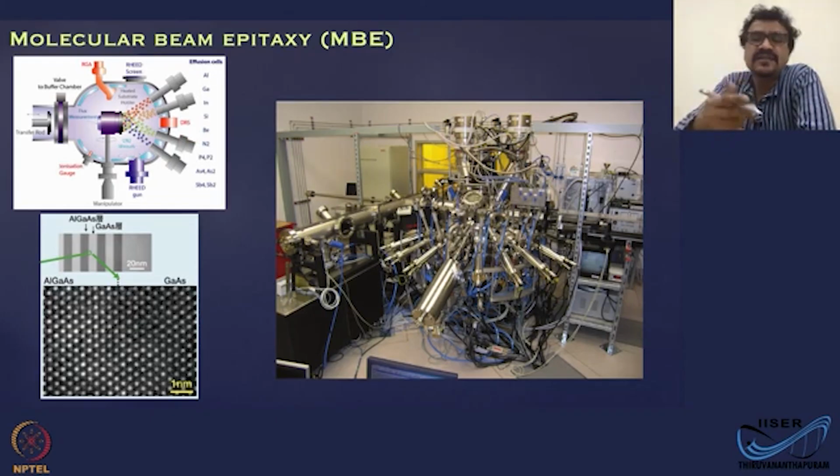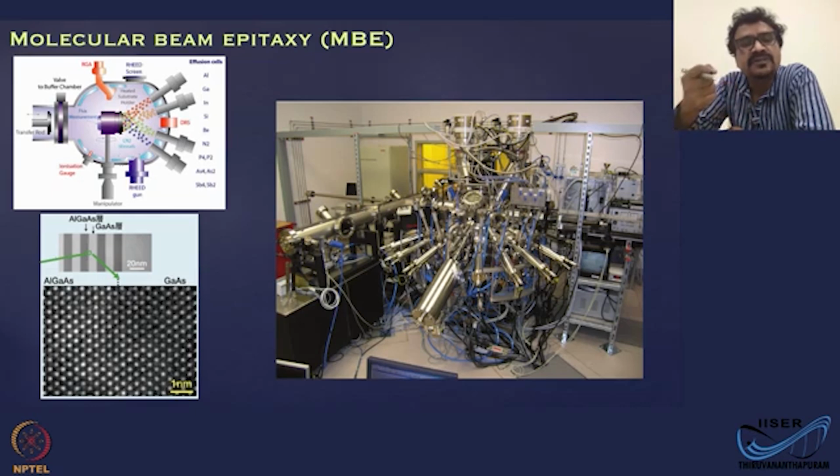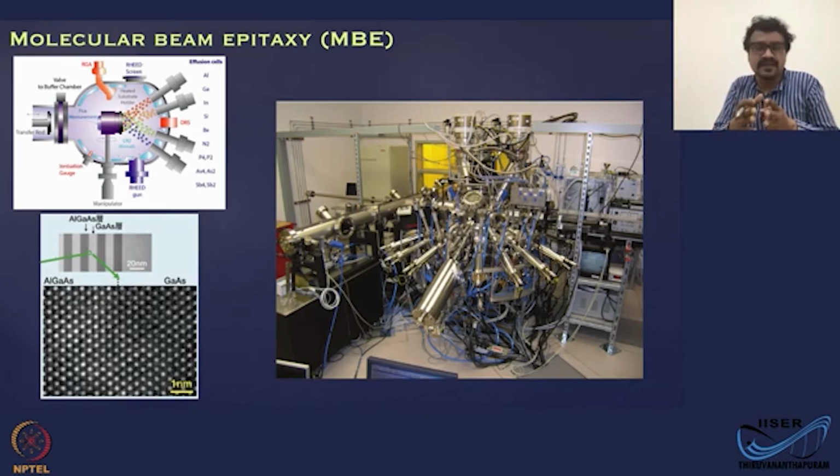You can think of these as containers where the material that you want to deposit or grow is kept inside. You heat it, and you pass the vapors of this to a certain substrate where you are going to grow this structure.